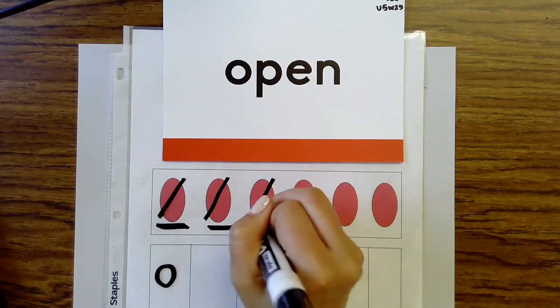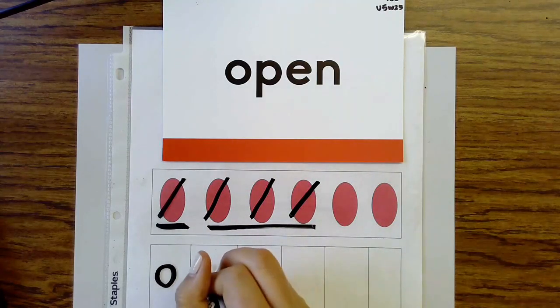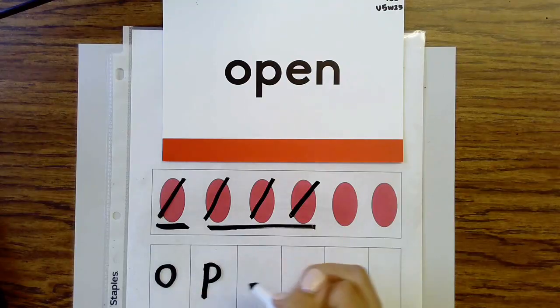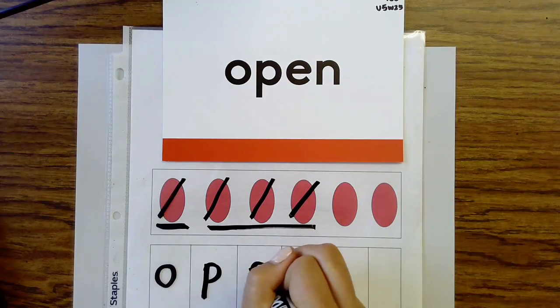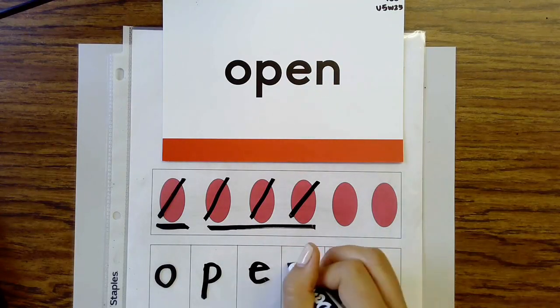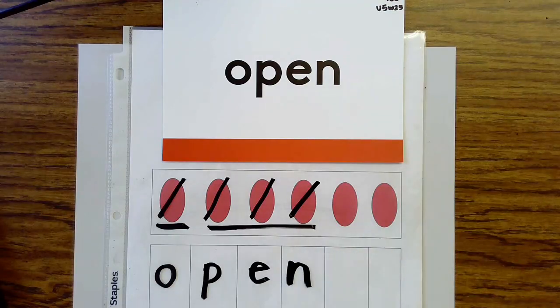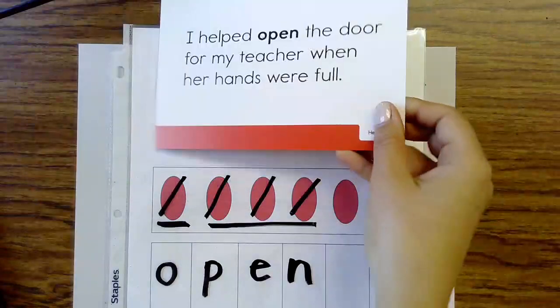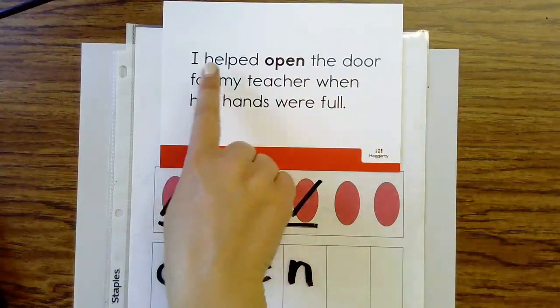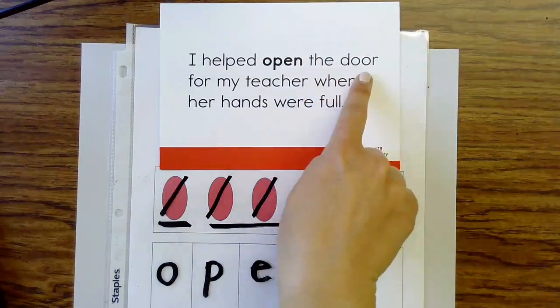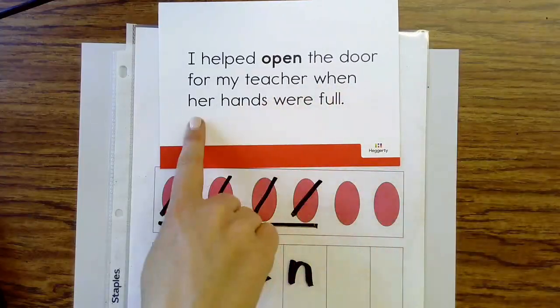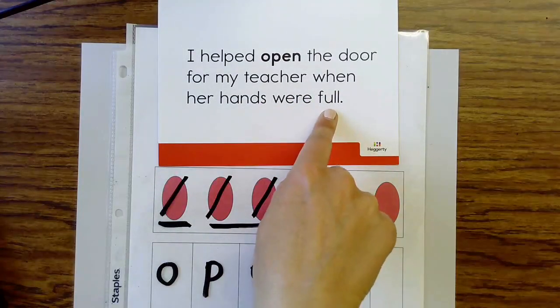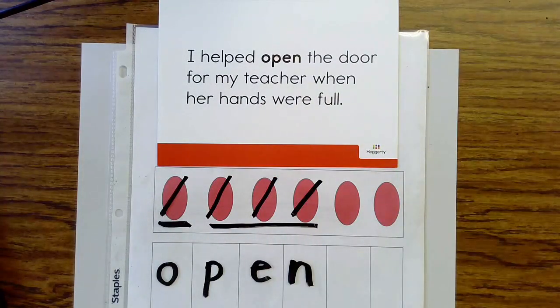P. N. Pen. P being a P, E being a short E, N being an N. It is the word open. For example, I helped open the door for my teacher when her hands were full. The word is open.